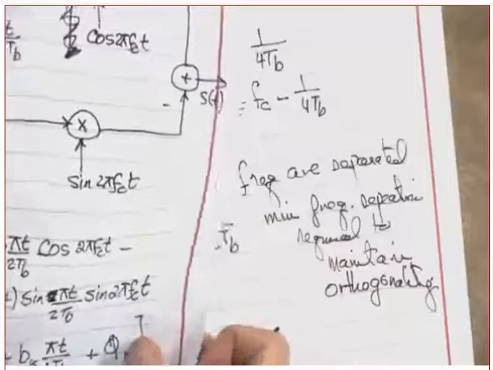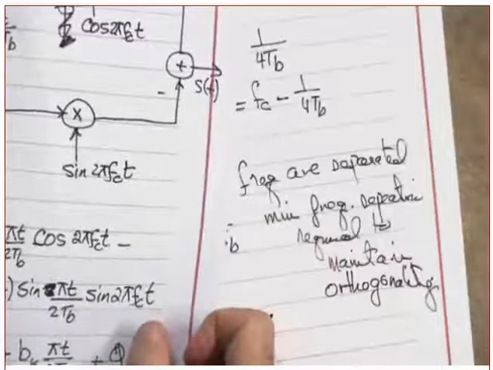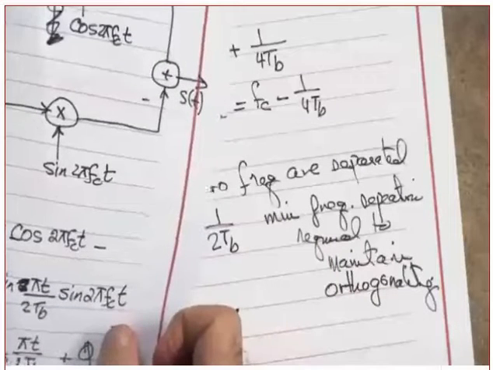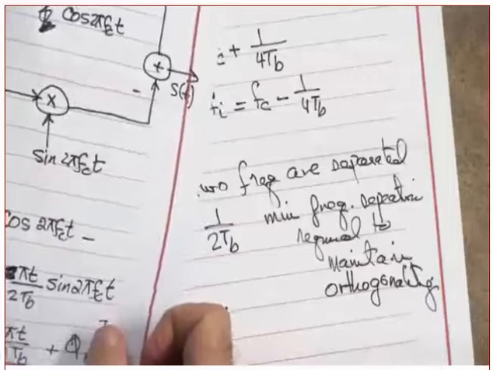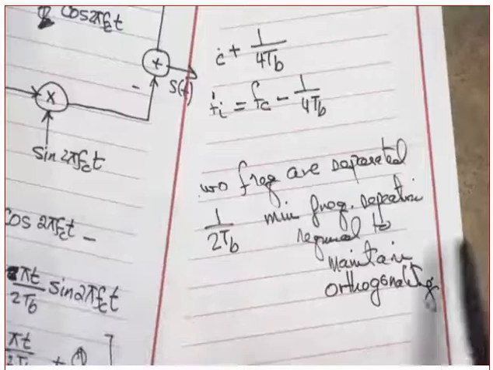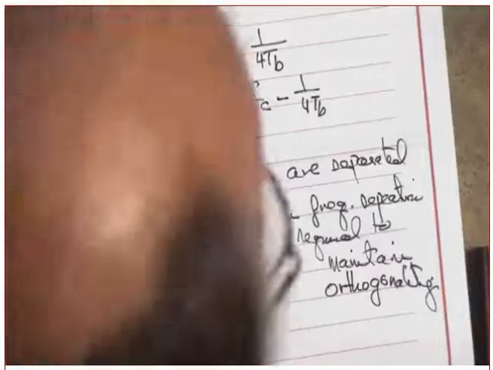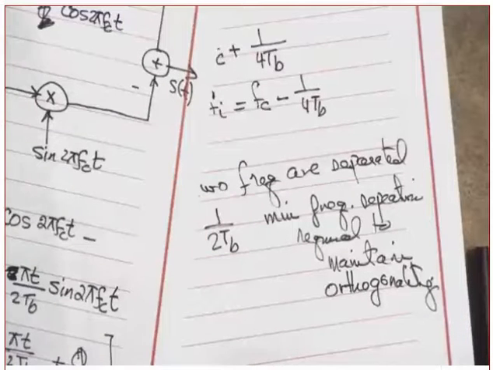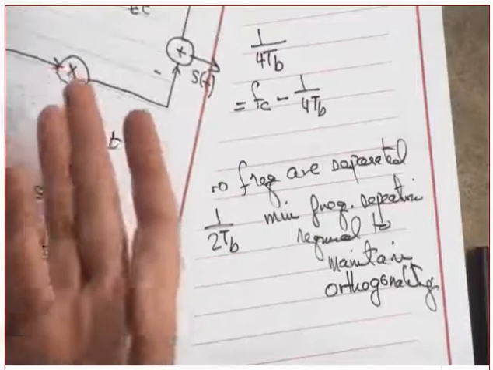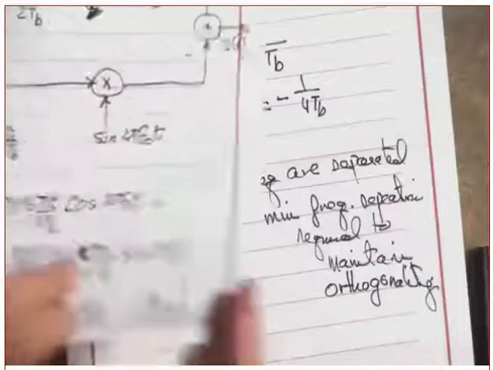Are you following me or not? Orthogonality makes it easier on the demodulator to distinguish between the I and the Q channels because they are going to be orthogonal. These are the minimum frequencies; you cannot get any smaller than that. Clear? Okay. This is the MSK.